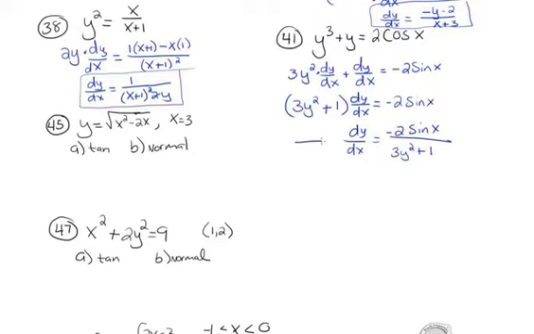Alright, so there's my first derivative. But now I need the second derivative. So I'm going to take the derivative of this function, and the derivative of the derivative, by definition, is the second derivative, whose notation looks like this. And now I need to take the derivative of the right side, which would be a quotient.